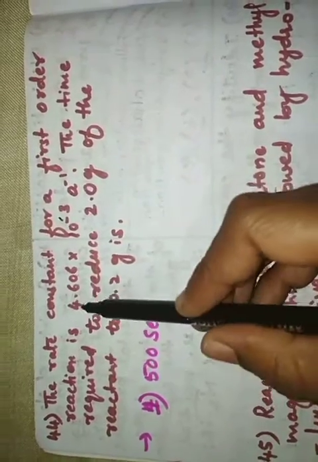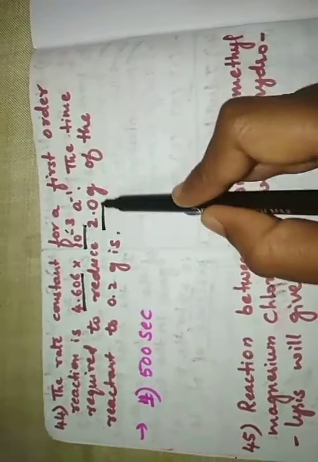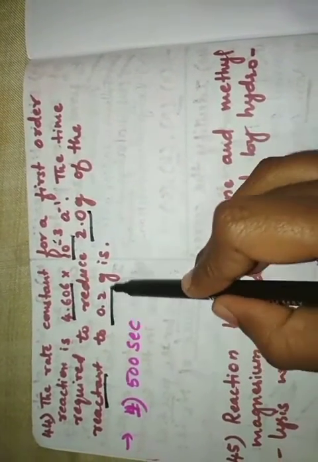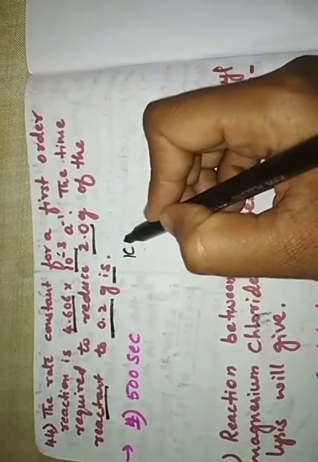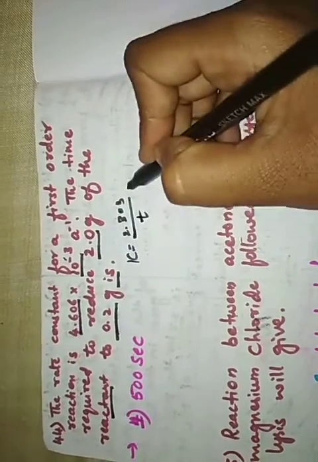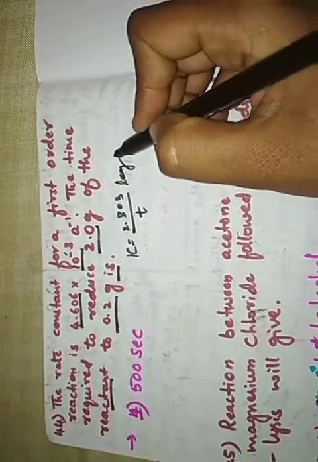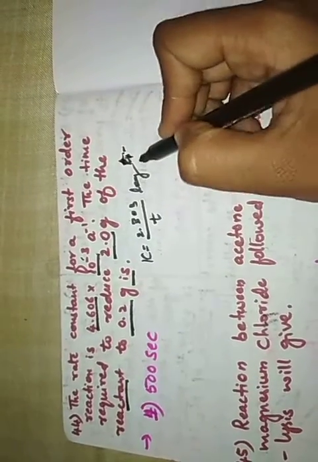Now moving to the 44th question. The rate constant for a first order reaction is 4.606 into 10 raised to minus 3. The time required to reduce 2.0 gram of the reactant to 0.2 gram is asked. You can take the formula k = 2.303 by t into log a by a minus x.